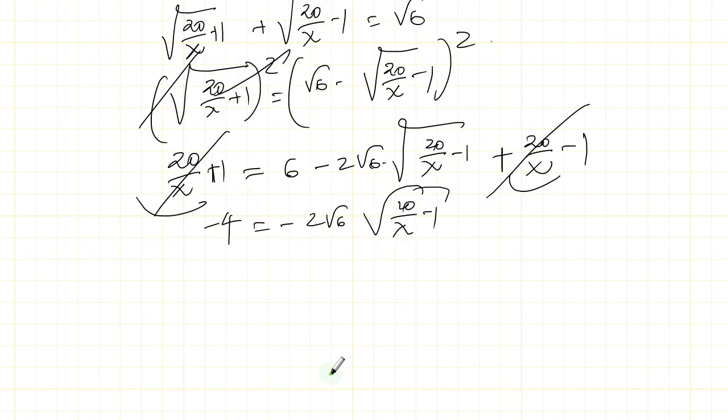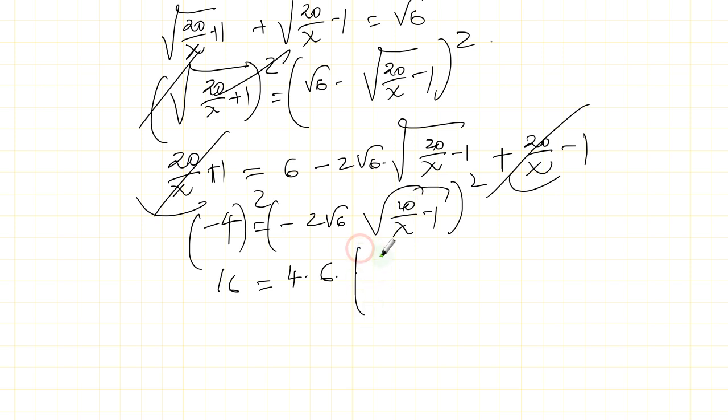From here, let's square both sides again. We have 16, which equals 4 times 6 times 20 over x minus 1.